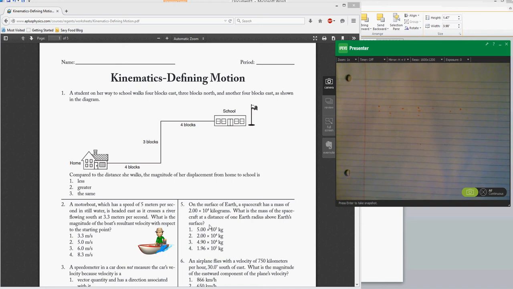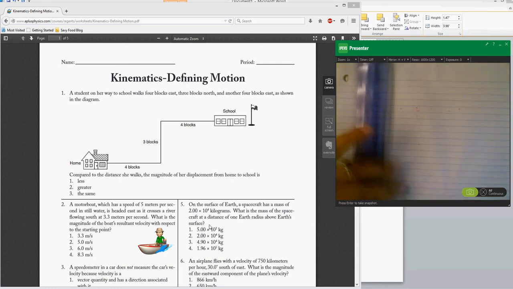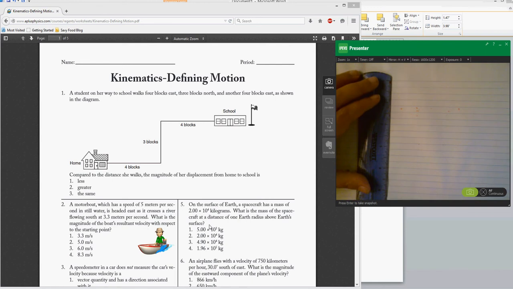Okay. The next question we're going to do is question number 2. It says a motorboat which has a speed of 5 meters per second in still water is headed east and crosses a river flowing 3.3 meters per second south. What is the magnitude of the boat's resultant velocity with respect to the starting point?